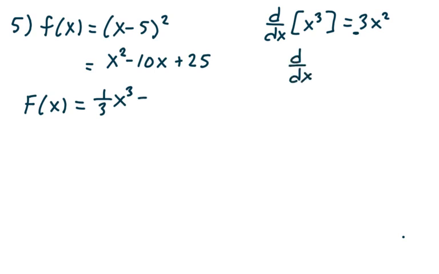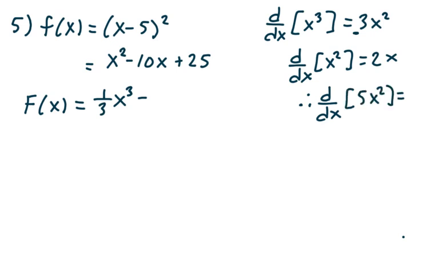Now, the derivative of x squared is equal to 2x. But isn't 2 times 5, 10? So what that's going to tell me is that the derivative of 5x squared will equal 10x.